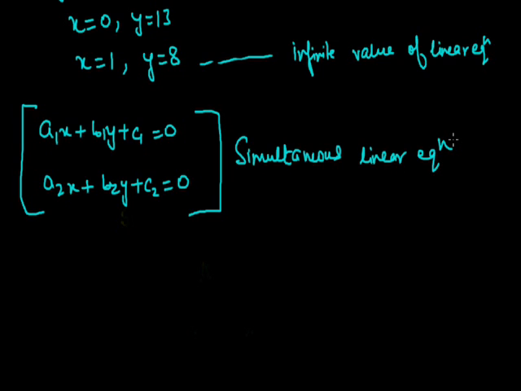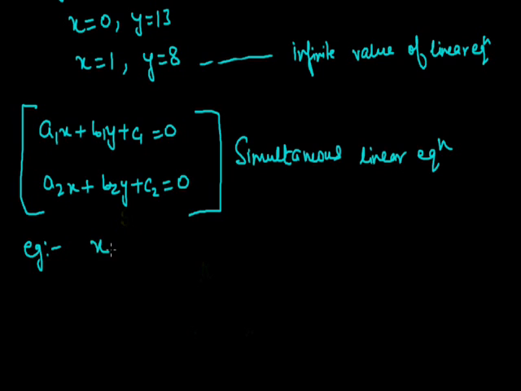So the values of x and y which I get after solving these simultaneous linear equations are the solution of both equations, because the values of x and y satisfy both linear equations simultaneously. Let us take one example based on this.